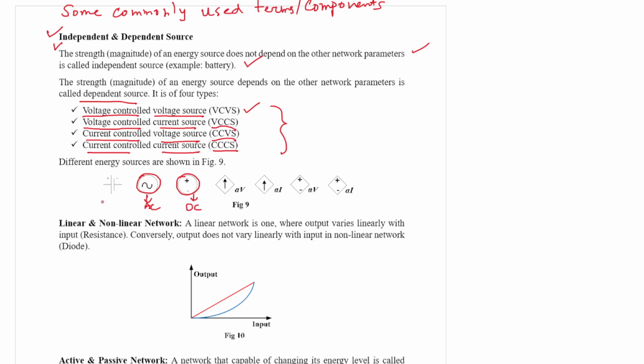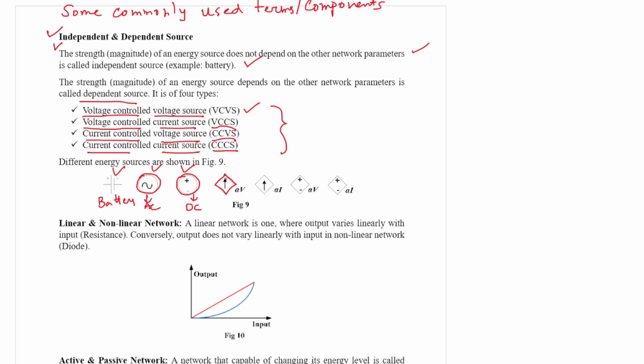Now this is a battery. So these first three are all independent sources. Now the later four are all dependent sources. They are all given by this rhombus-like structure, right?